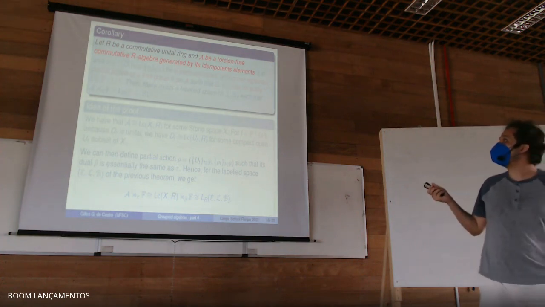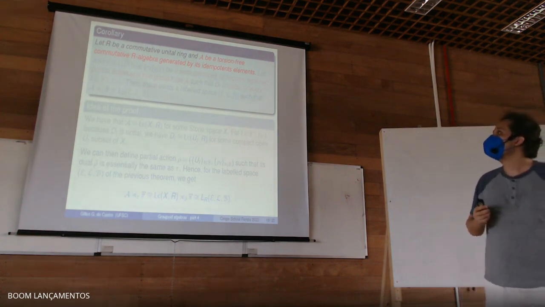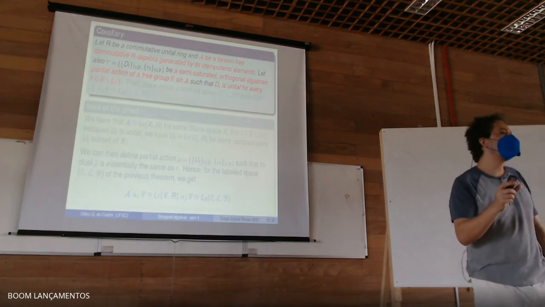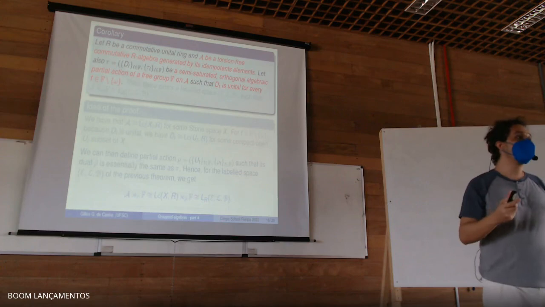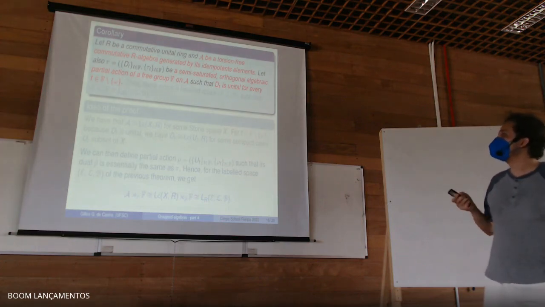But then this algebra A is going to be described by a Stone space. And we need a partial action of the free group on this algebra in such a way that these ideals are unital, because we are asking in the previous theorem that the sets are compact open, being compact meaning that the algebra is unital.